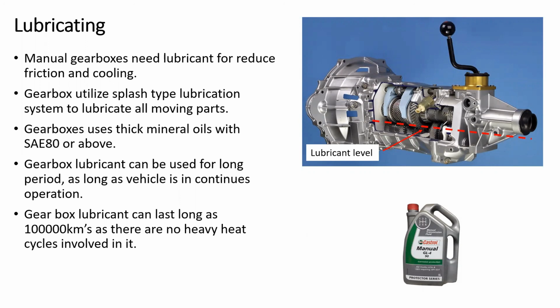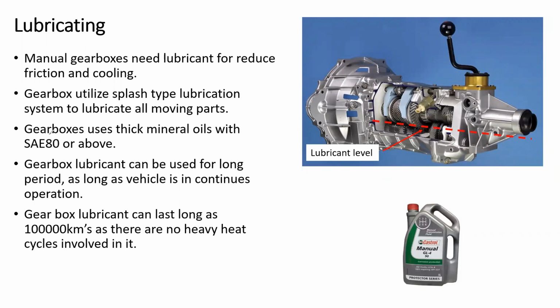Lubrication oil wise, it's usually around SAE 80 or a higher grade, so a thicker oil has to be used compared to the engine. And since these lubricants are not exposed to high heat cycles, the temperature is not even reaching 100 degrees, as there's no combustion happening here.